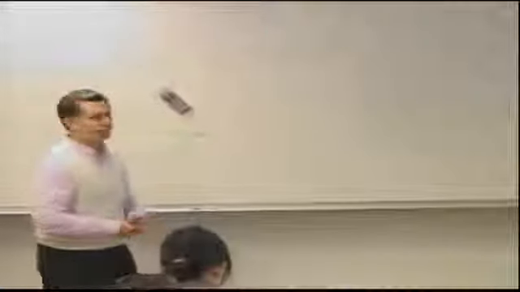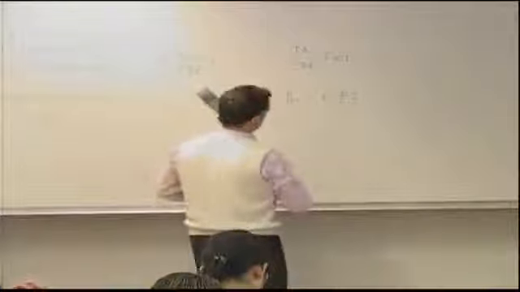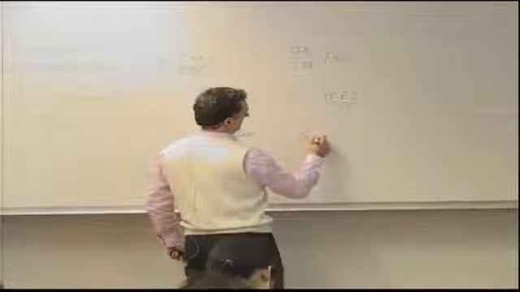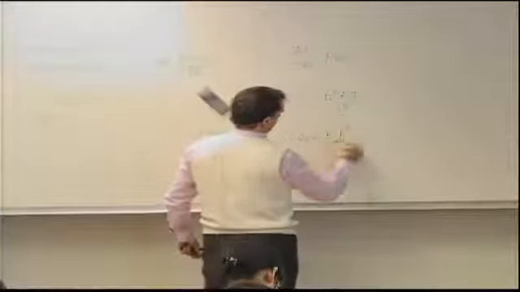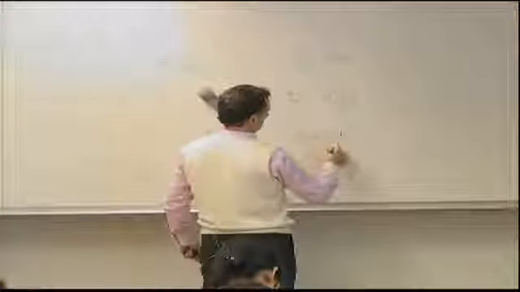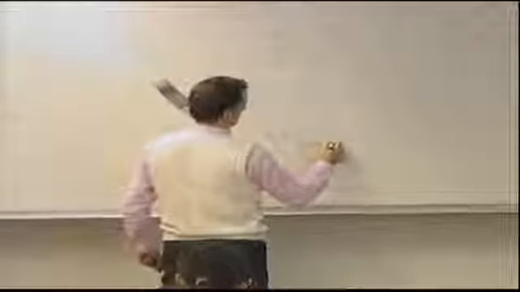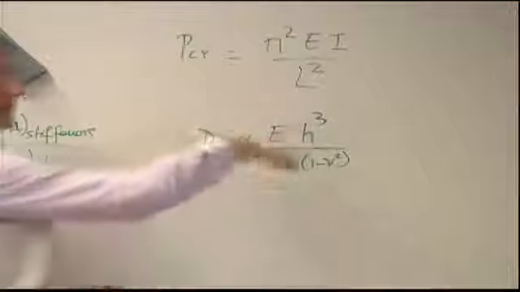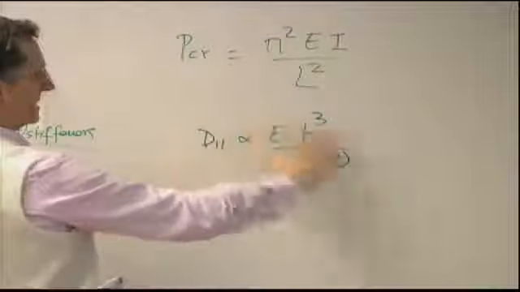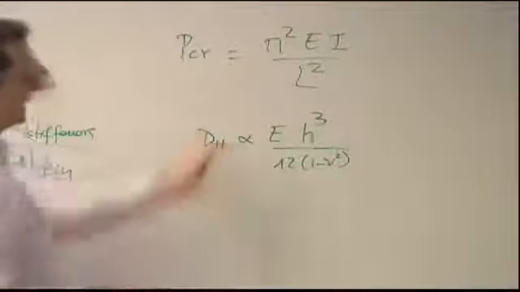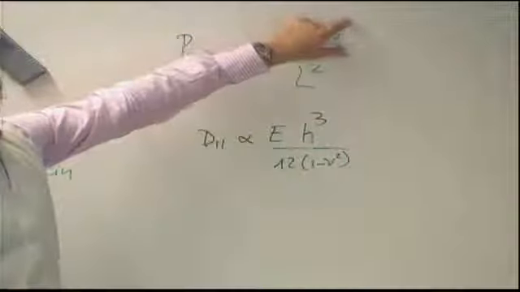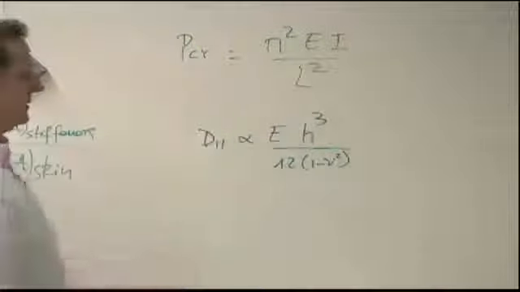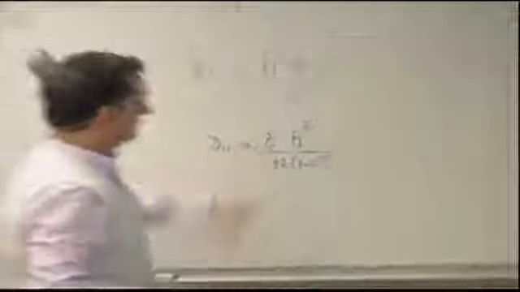And you can show that because D11 is typically proportional to a stiffness times a height cubed, E h cubed over 12 times 1 minus nu squared. This is proportional because in reality D11 involves the summation of the Q's and so on, but this is the kind of term that's there. And now you can see that h cubed divided by 12 times 1 minus nu squared is just the I divided by I per unit width. So there's a b h cubed term there.